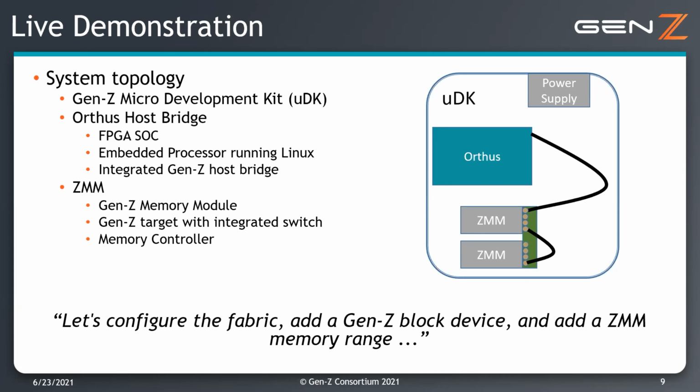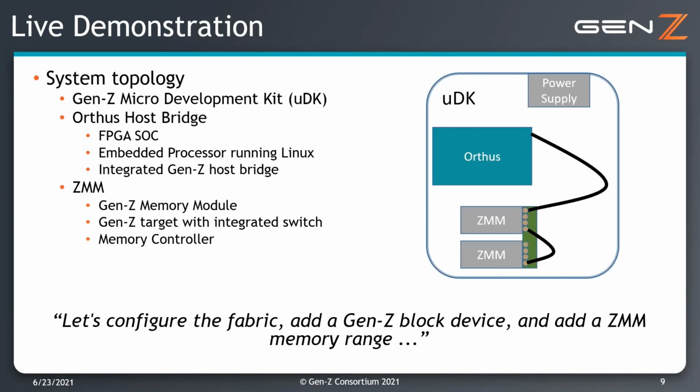It consists of a Bittware 250 SoC FPGA, which has an Orthos host bridge bitstream programmed onto it. That card has embedded ARM processors that are running Linux. So instead of this card being plugged into a host and the Linux running on that host, this card is the host in some sense.